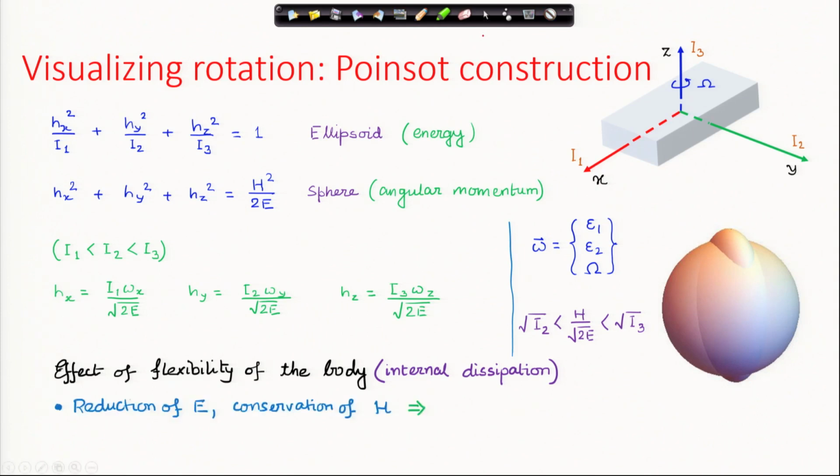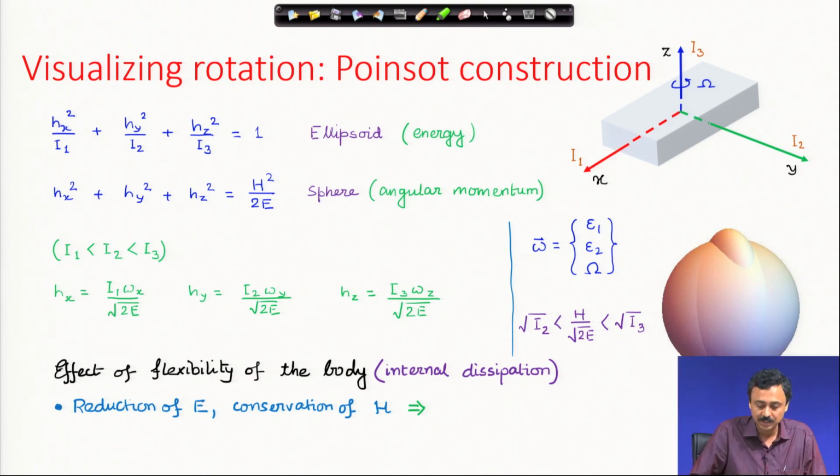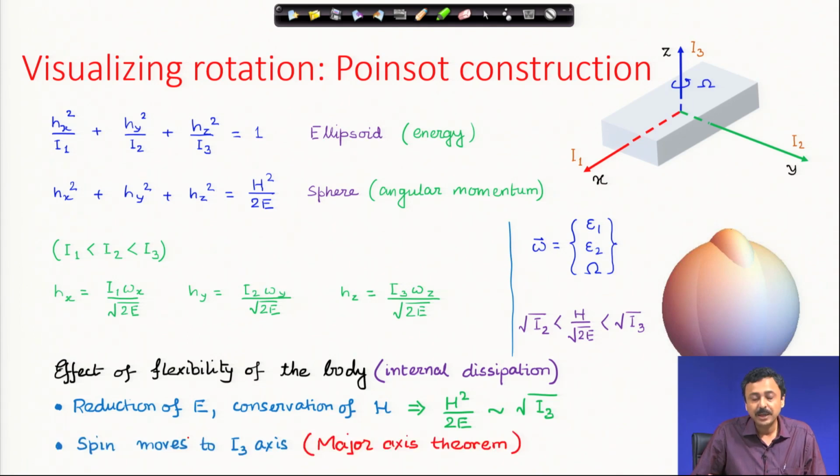This is reduction of energy, but conservation of H. H is conserved because there is no external torque or force, therefore, angular momentum will be conserved, but energy is going to reduce, and therefore, this radius is going to finally tend to the square root of I3. It will go very close to the square root of I3. This is known as the major axis theorem.